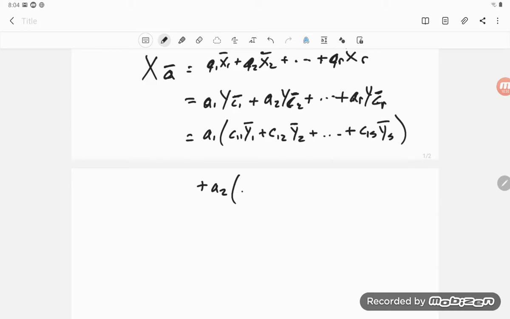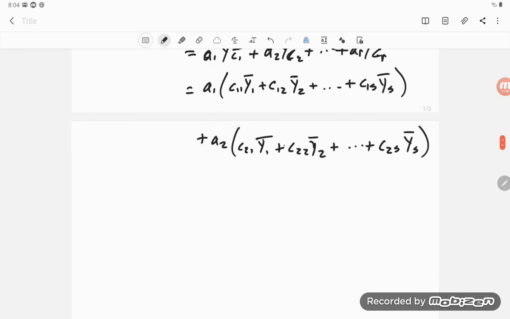Okay, so we get that, and then plus, similarly, A2. And unfortunately, I have to keep writing all this stuff out. C21. No wonder they didn't prove this, right? It just takes a lot of room to do it. Okay, all the way out to C2S YS. Okay, and I need to take that all the way out to the AR.